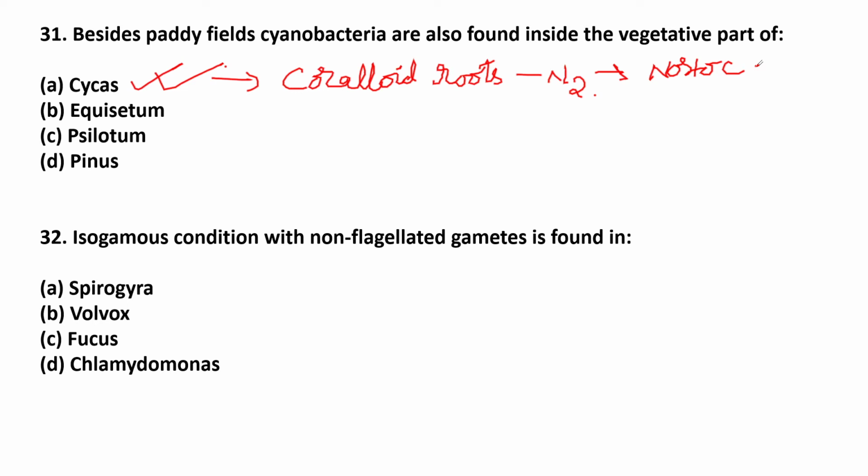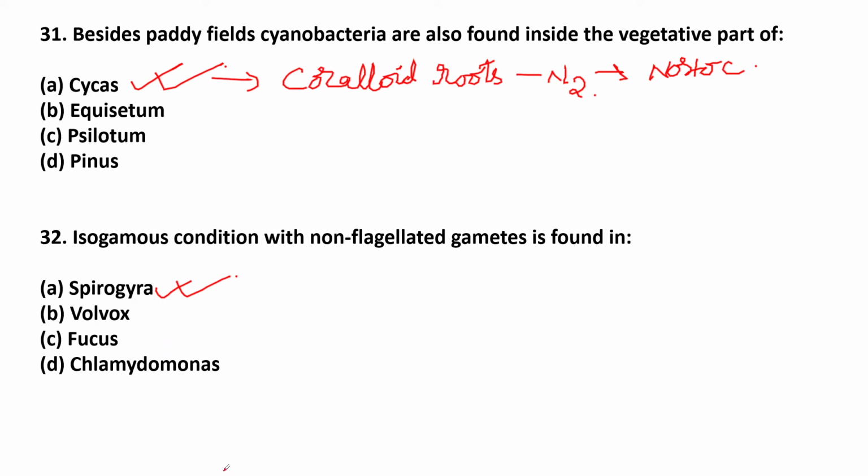Next question. Isogamous condition with non-flagellated gametes is found in Spirogyra, Volvox, Fucus, and Chlamydomonas. The answer is Spirogyra. In Spirogyra, sexual reproduction generally occurs through conjugation. Gametes are non-flagellated, morphologically similar but physiologically different: isogamy with physiological anisogamy.